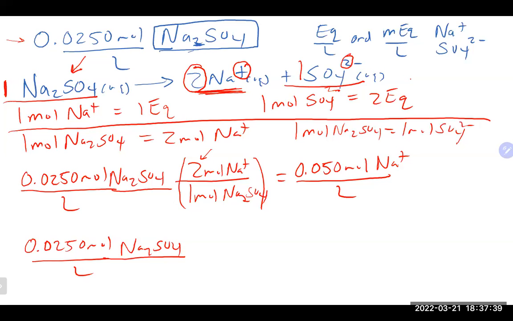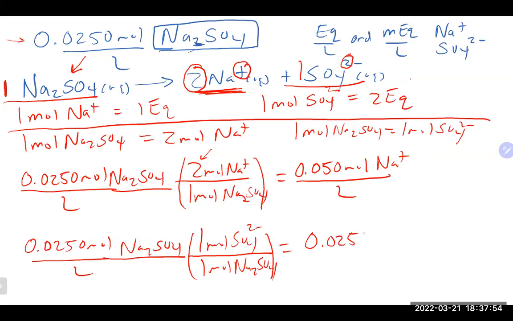And if we use that as our conversion, 1 mole of the entire thing gives me 1 mole of sulfate. That means my number didn't change. 0.025 moles of sulfate per liter. And again, that is the molarity of it.